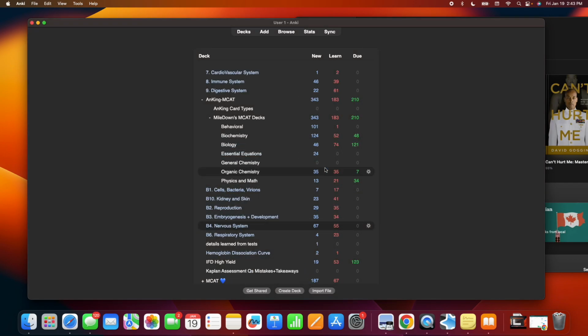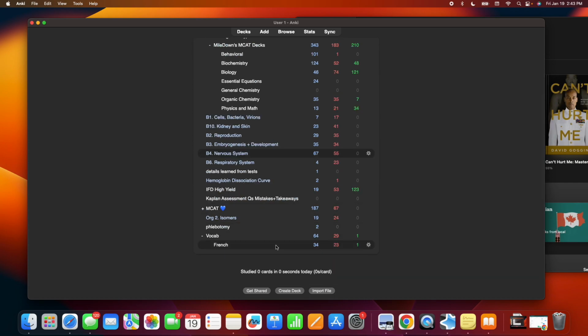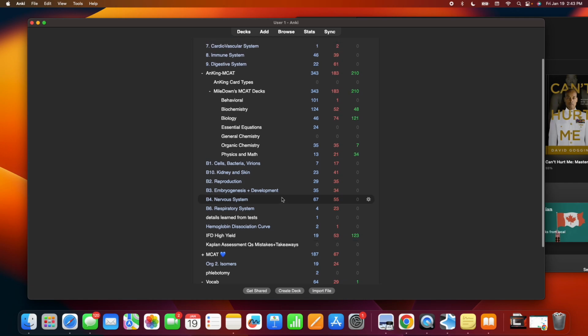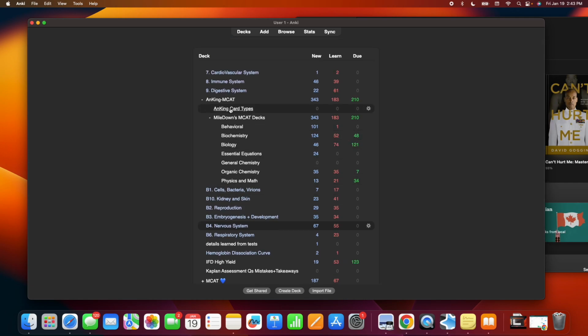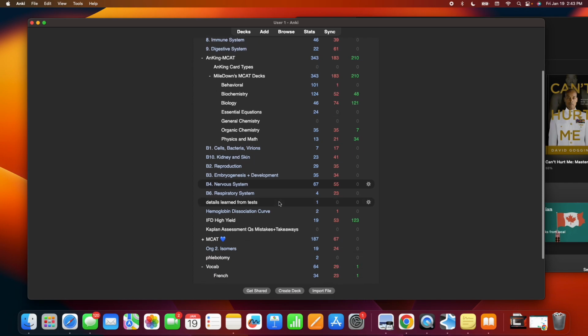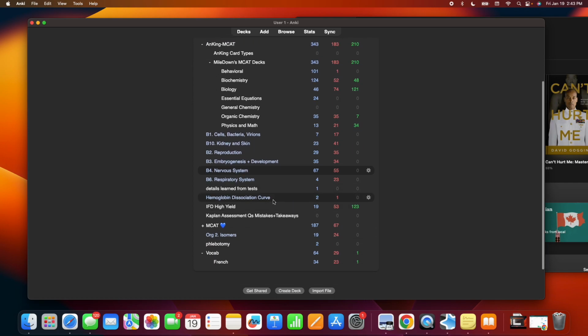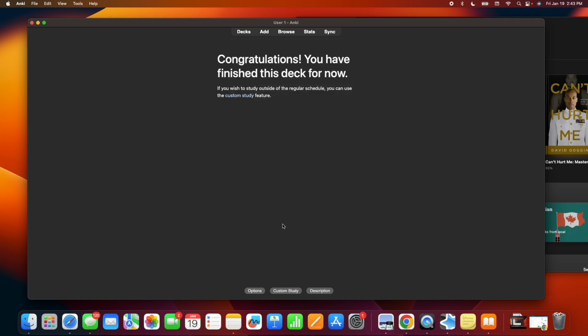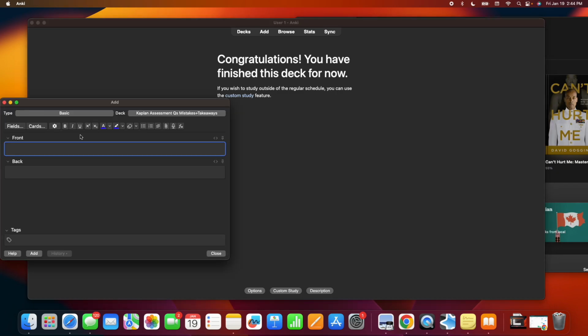You can put all the mistakes and stuff here. Wait, where did it go? Am I blind? No, thank God. Details learned from tests. Oh, this is right here. Man, I create these and I don't even use them. I need to be more consistent. Let's be more consistent. This is what we want, right? More consistency. Okay, add.